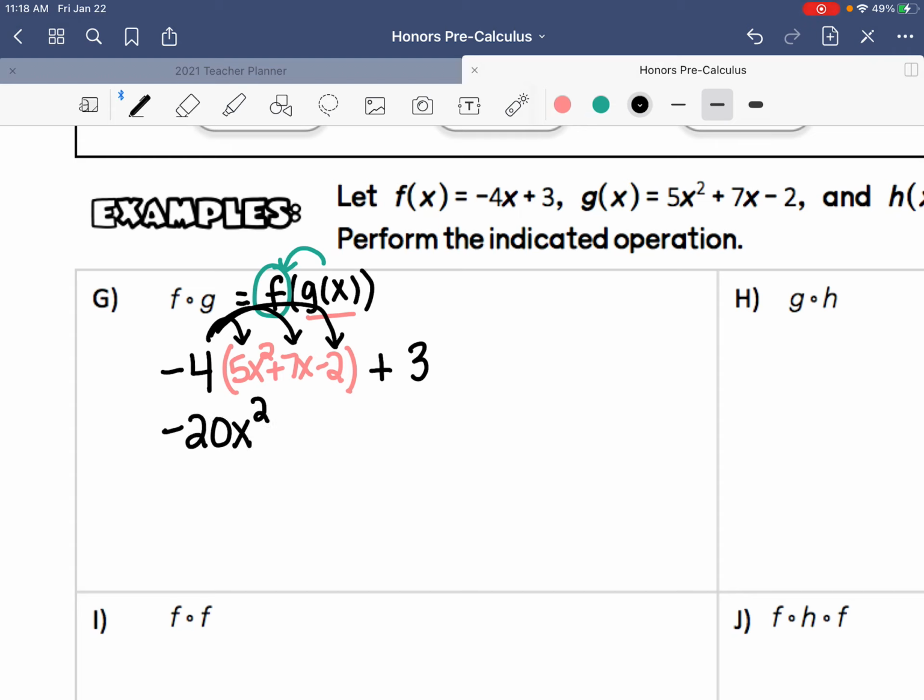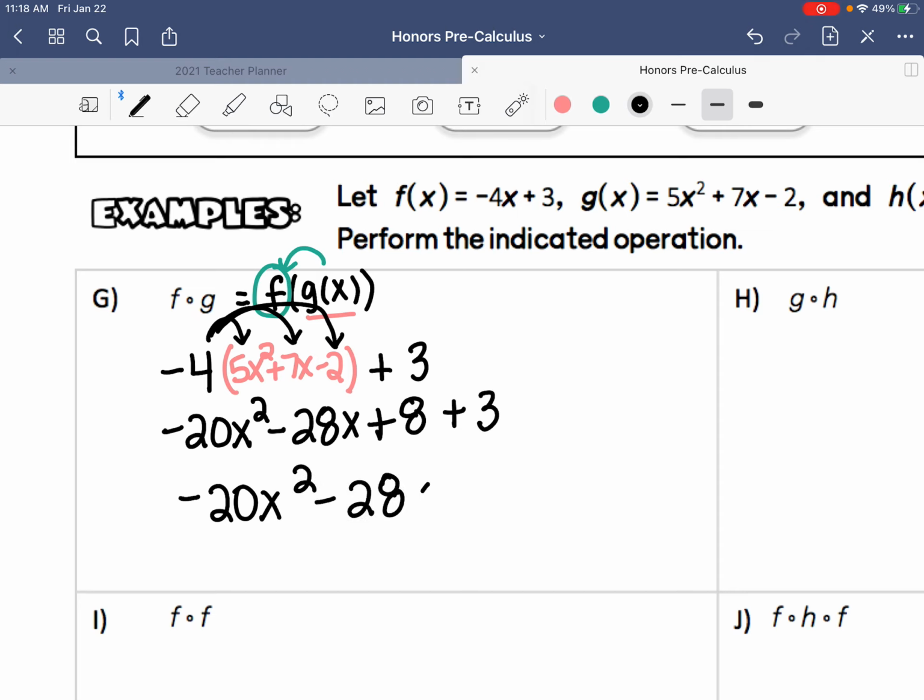That's going to give me negative 20x squared minus 28x plus 8. Now, do not forget to bring down that plus 3 that's outside of the parentheses. And then combine any like terms. So negative 20x squared minus 28x plus 11. And we've now composed a new function by plugging one function into another.